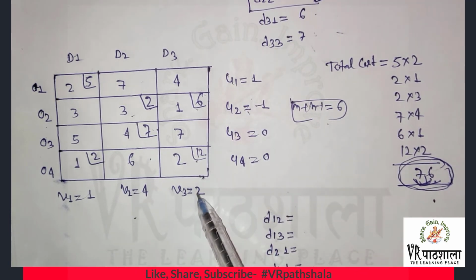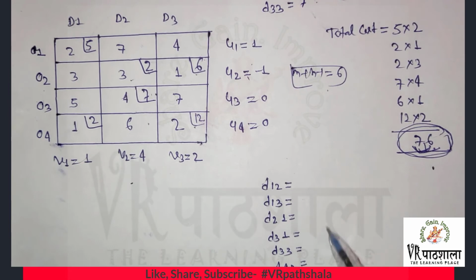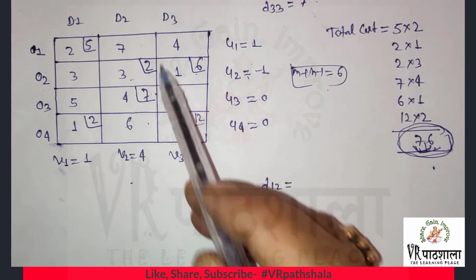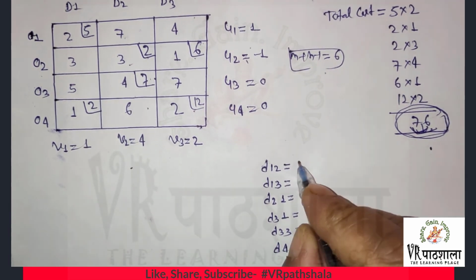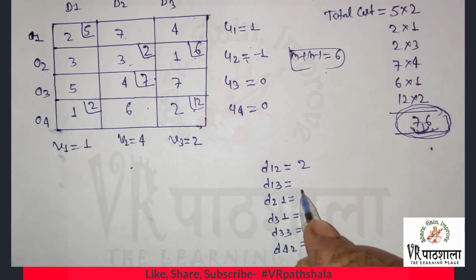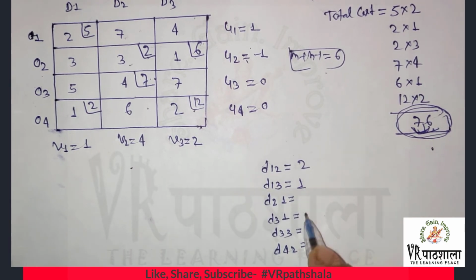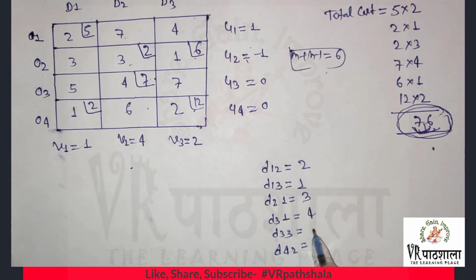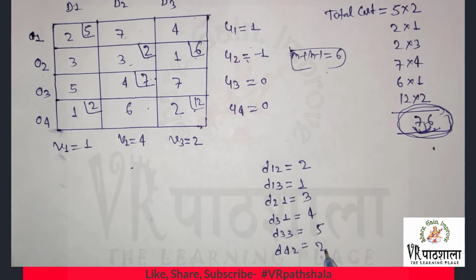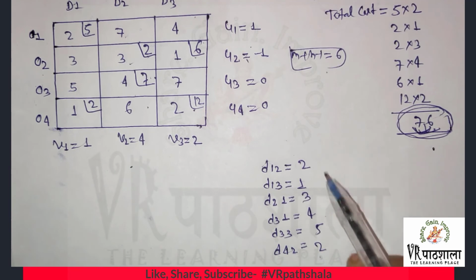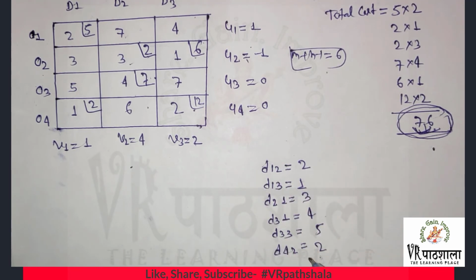So all U and all V are given, and now the net evaluation for unoccupied cells. Now D12 equal to 2, D13 equal to 1, D21 equal to 3, D31 equal to 4, D33 equal to 5, and D42 equal to 2. For calculating Dij for unoccupied cells, see my previous video.